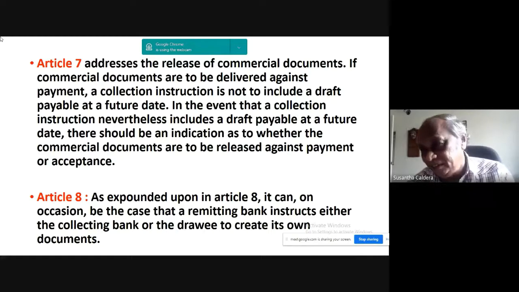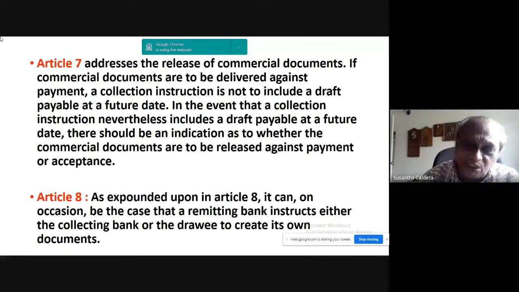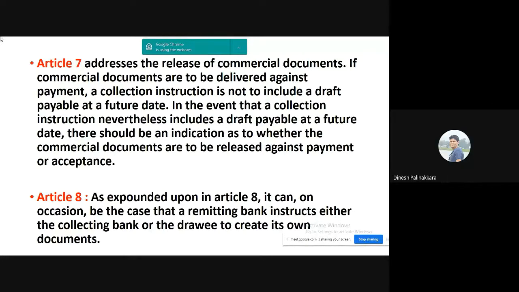That's what I'm talking about, the others. Even the collection, so I'm not talking about the present. Then what will happen is all the suppliers, all exporters will ask for LCs.